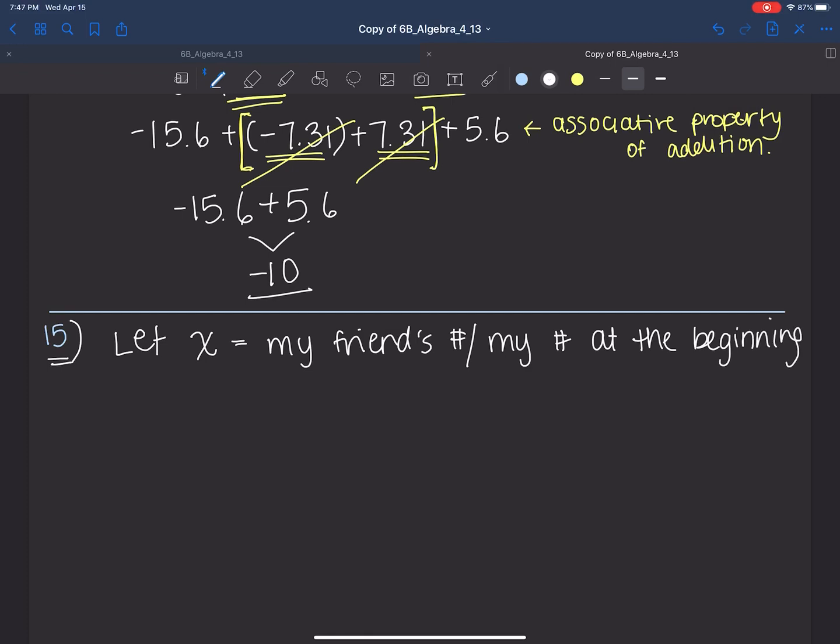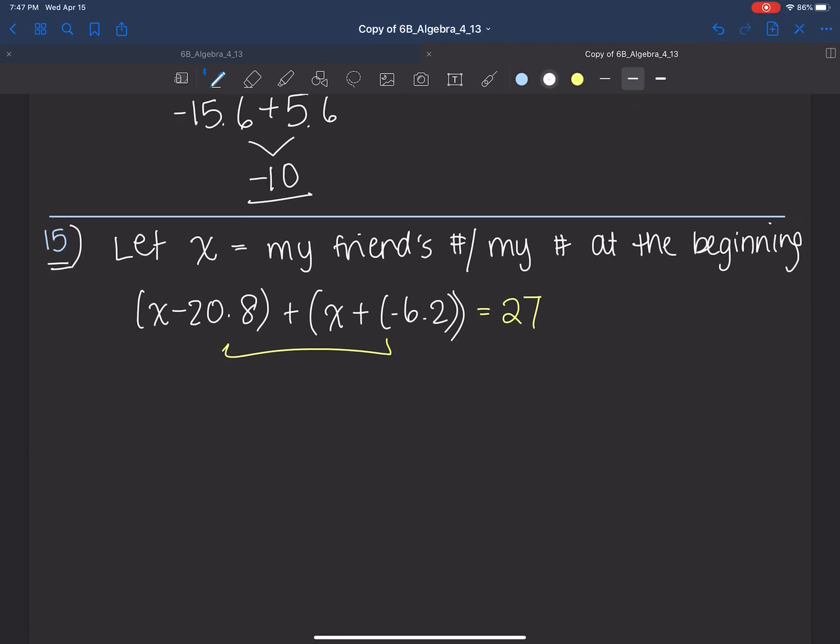Okay, and the question says I subtract 20.8 from my number, and my friend adds minus 6.2 to her number, and these two added together give me 27.